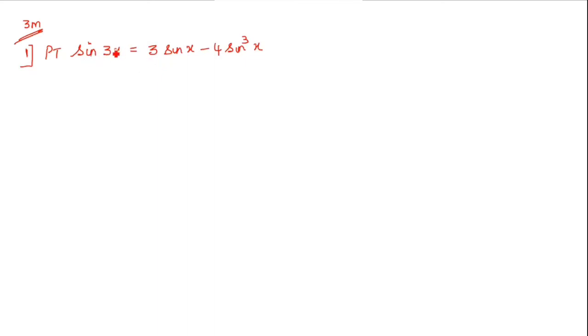Whenever sine is there, 3 should come first. If 3 is there, you are not writing cube. But when 4 is there, you are writing cube. You will understand this better when I write the next formula. That is the cos 3x formula I have to prove, 4 cos cube x minus 3 cos x. So recall what I said. Wherever 3 comes, no writing cube.